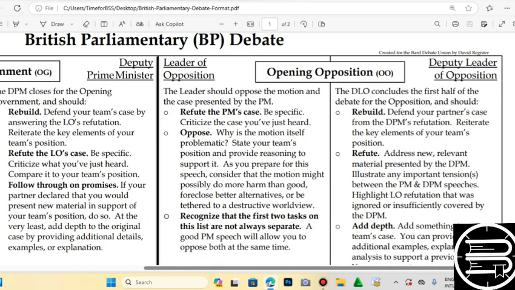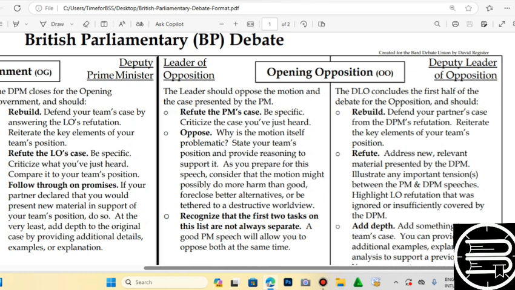That's how the motion will be debatable, in a way that the leader of opposition has two tasks: to refute the Prime Minister's case, and also to give some suggestions, the solutions to some of the problems that are being raised by the Prime Minister. So he's supposed to refute the case of the Prime Minister and also lay out his case. These are the first two tasks on the list and they are not always separate. That can only be done when the Prime Minister has given a good speech, which allows you as the leader of opposition to do both at the same time.